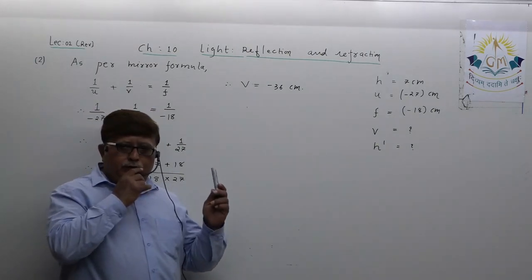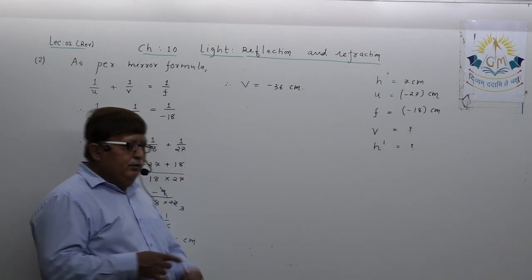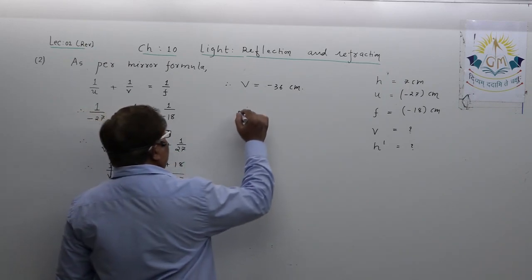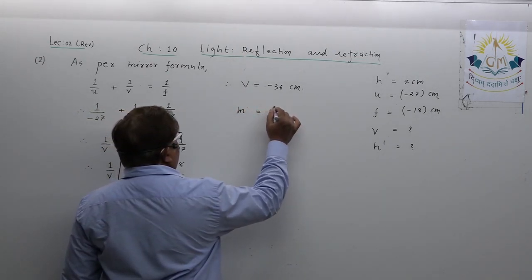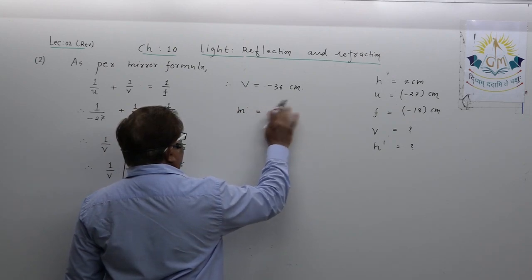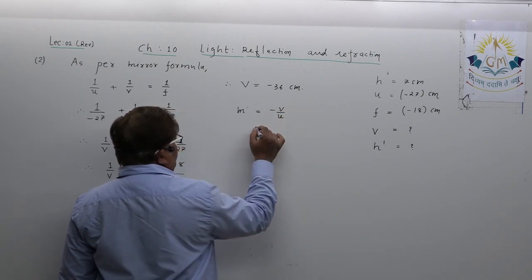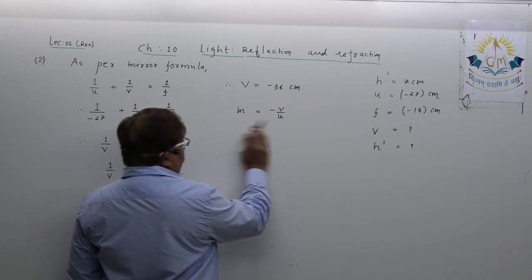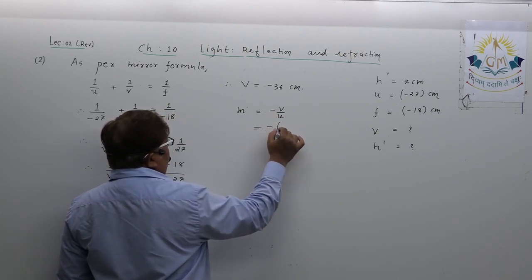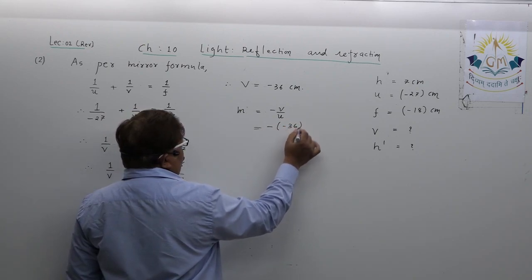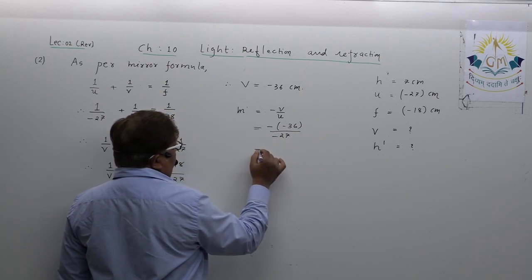Now we are looking for height. For that purpose, first you have to find magnification. That's minus v upon u. Let us substitute the values. Minus 36 upon minus 27.